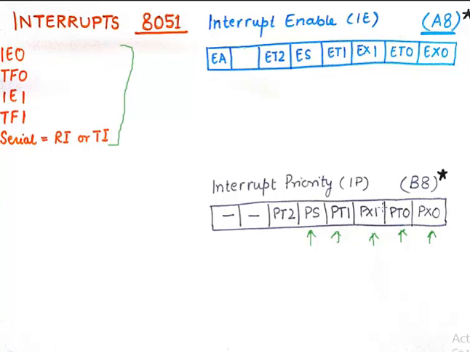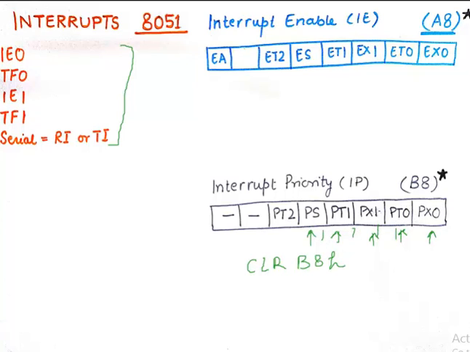Because this is a bit addressable register, if I clear, let us say, B8H, which is by the way this bit, the external interrupt 0 will no longer have the highest priority. It will fall to the lowest hierarchy, but the condition is that the rest of them should be 1.